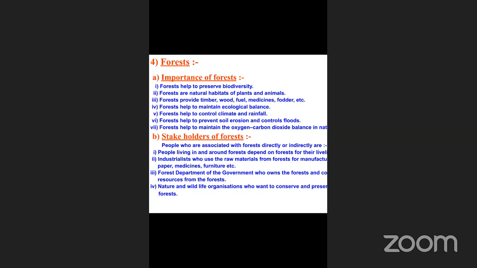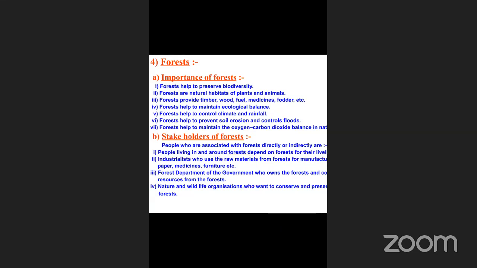Then next is stakeholders of forest. Yesterday I told you about that. People who are associated with forest directly or indirectly, they are people living in and around the forest that depend on forest for their livelihood.